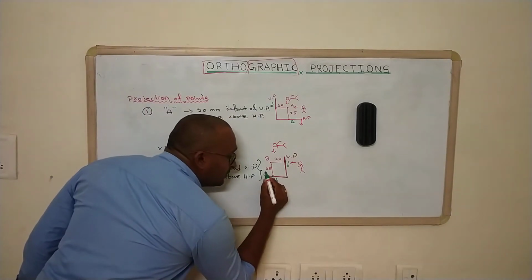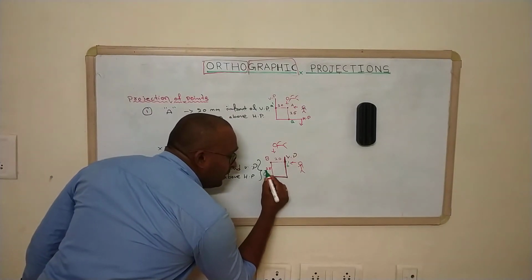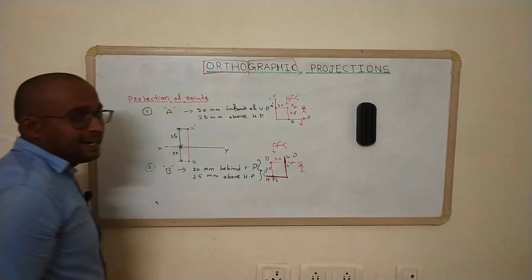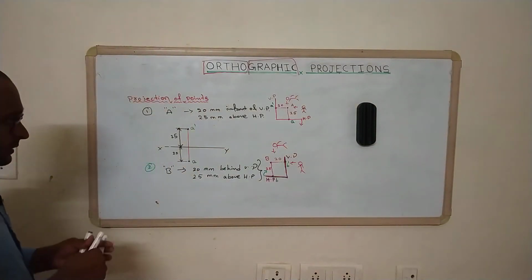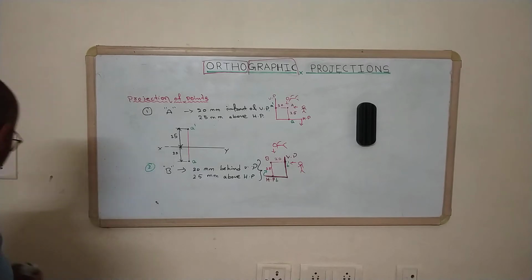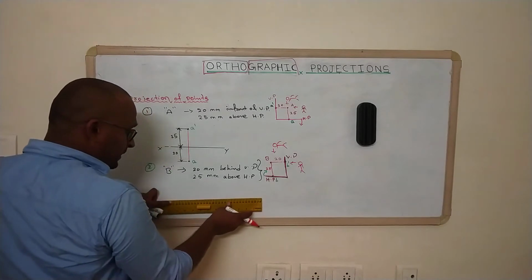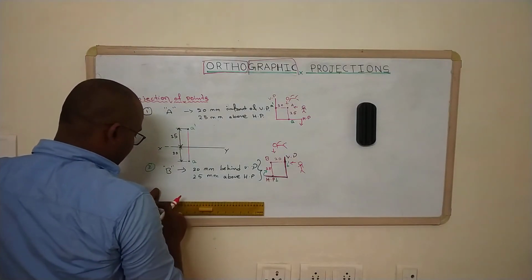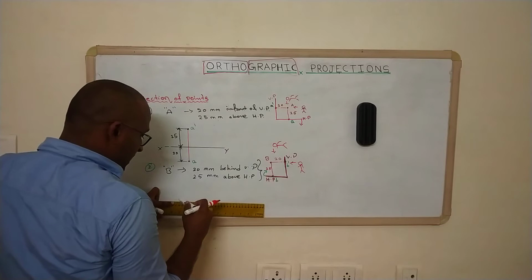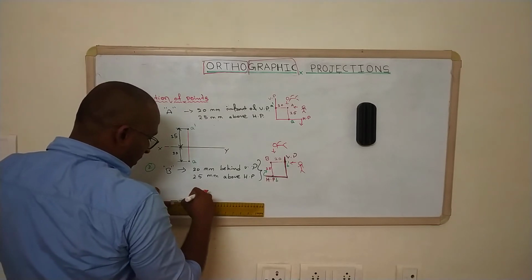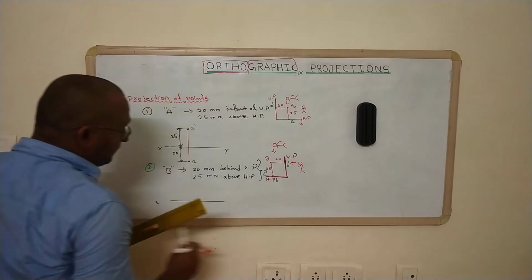Here also it will move upwards for the second angle projection. So both the projection planes, vertical plane and horizontal plane, will be above the XY line.